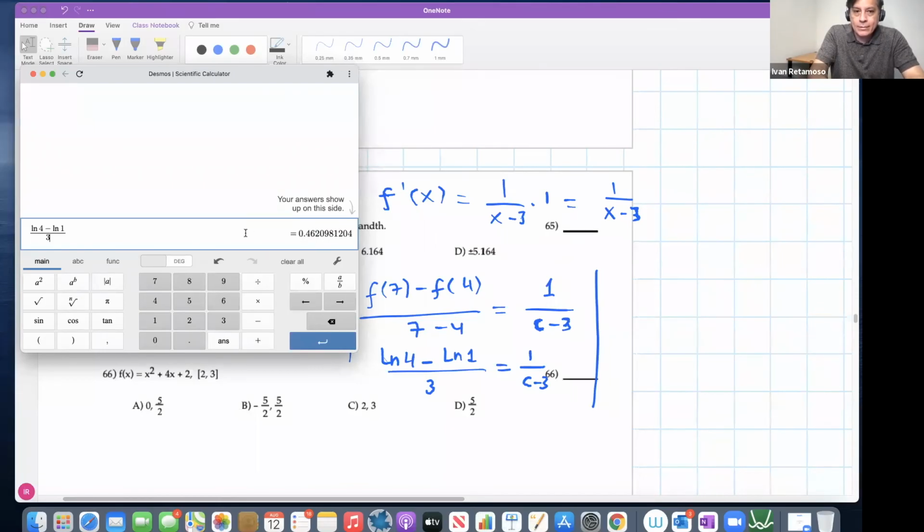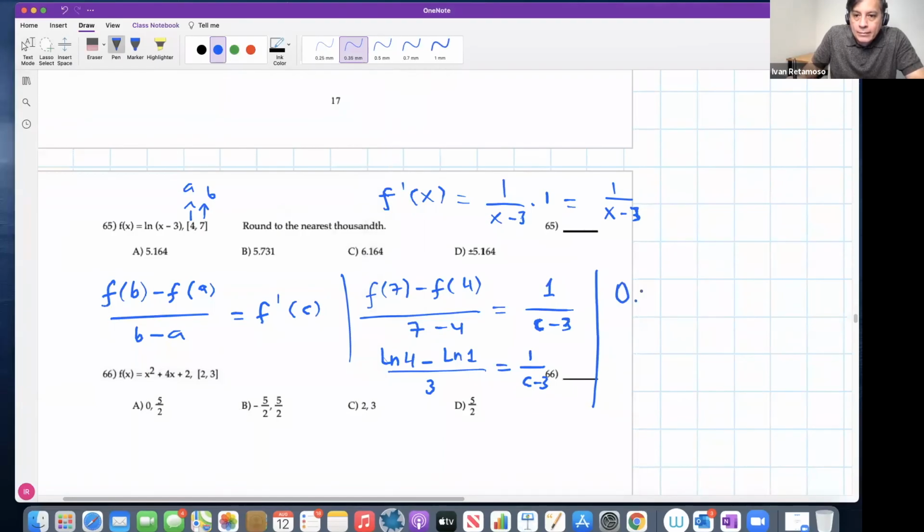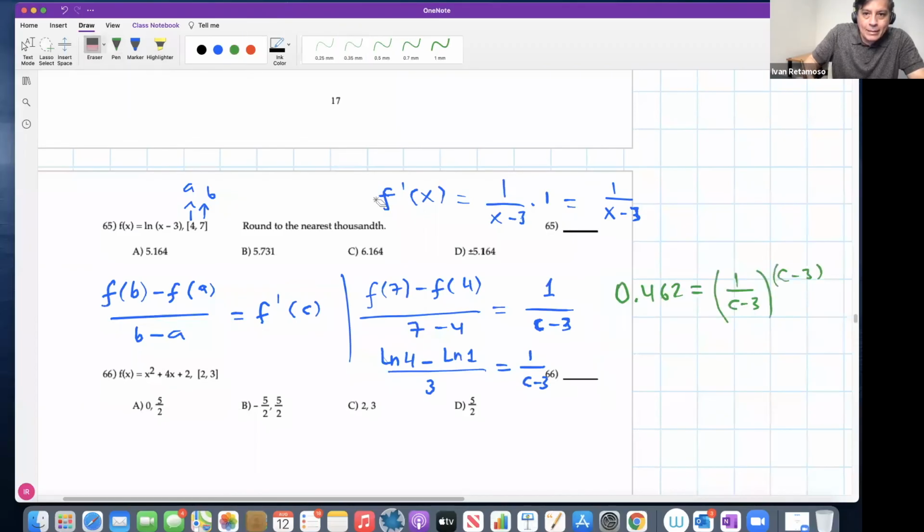Let's write it down, 0.462 equals 1 over c minus 3. Multiply both sides of this equation by this. Do the math carefully, and you should be able to get the value of that c that they are looking for.